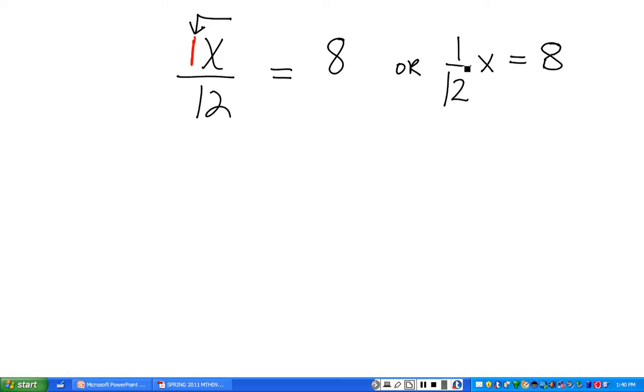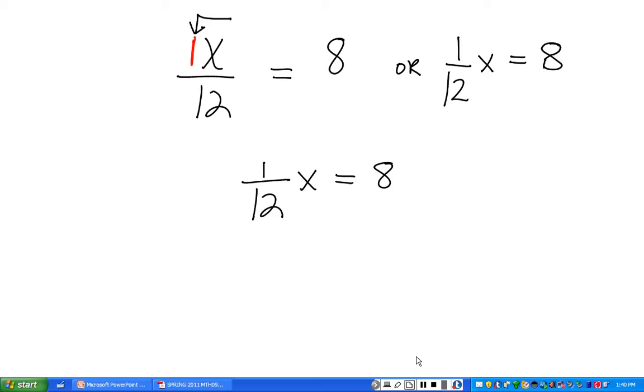Now, in order to get rid of this 1/12 or this 12, you multiply times the reciprocal of 1/12. So let me rewrite this back over. 1/12 x equals 8. What is the reciprocal of 1/12? Reciprocal means just the flip version of 1/12.